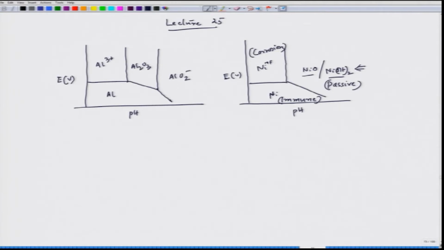But a similar comparison can be drawn in case of aluminium. Only at one place we will have a little difference. Now, this zone is aluminium, so definitely this is the immune zone.